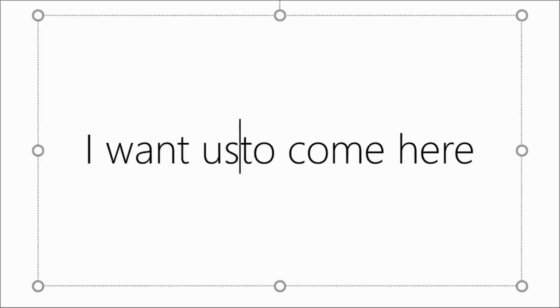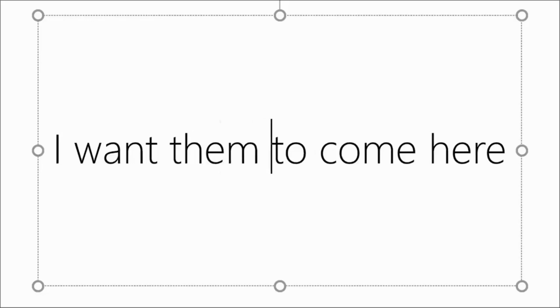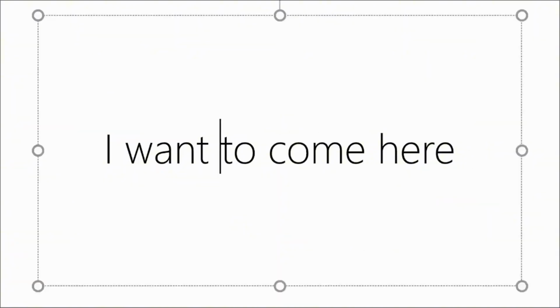I want us to come here again next year on holiday. I want them to come here. When it's just, I want to come here, and there's no other person or thing included here, it's simple. Quiero venir aquí. It's when we throw in him, her, them, us, you, that we're forced to rephrase it.